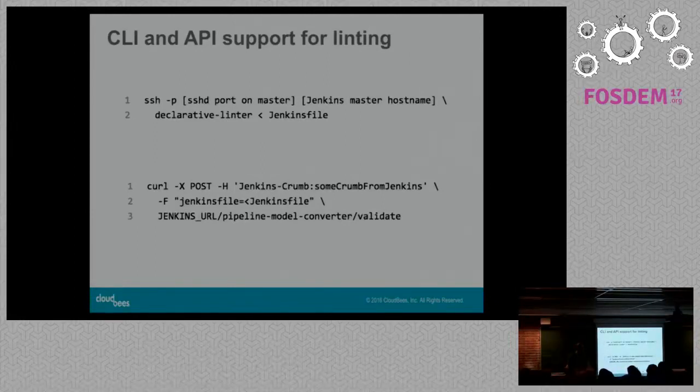The question was whether you could validate scripted pipelines using this as well. No. We would still like to eventually be able to do validation and linting for scripted pipelines, but it's a lot harder problem than doing it for declarative.